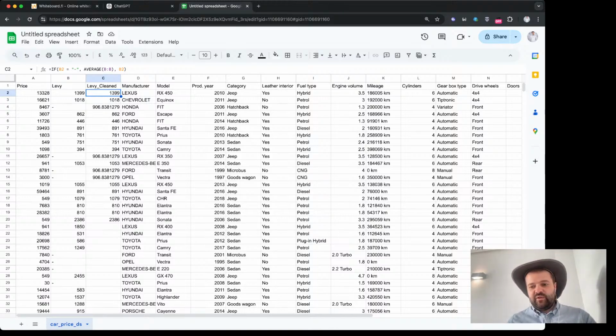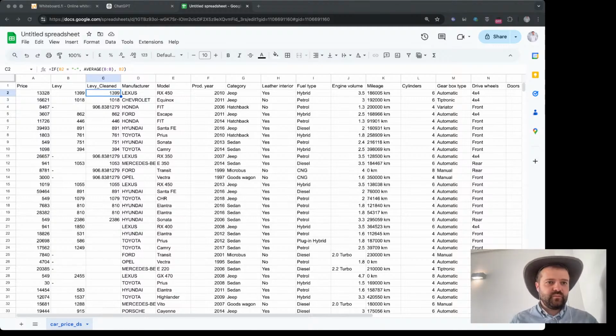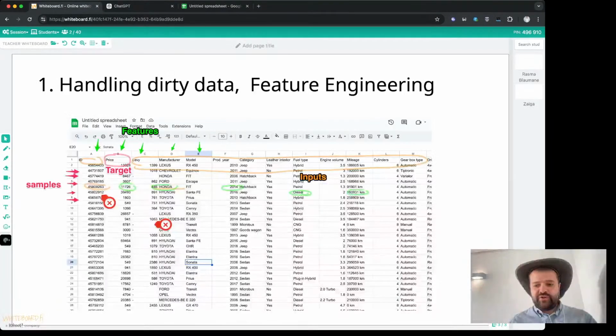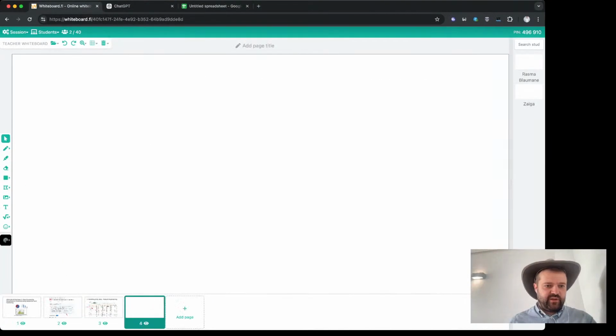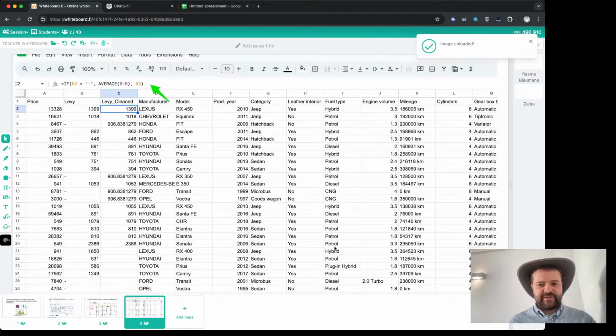So let me copy this part and put this formula for you on the whiteboard, if somebody wants to try this out. Any questions so far, please write them into the chat, or advice. Maybe some of you are really experts with Excel and Google Sheets.